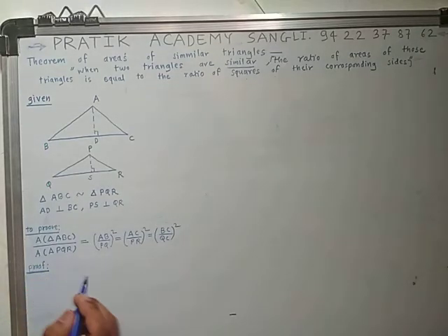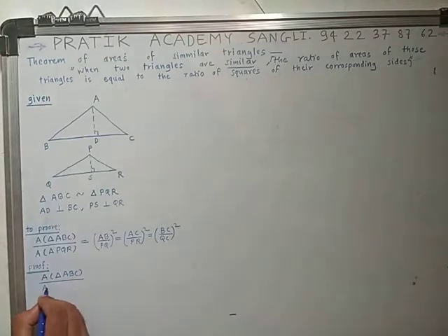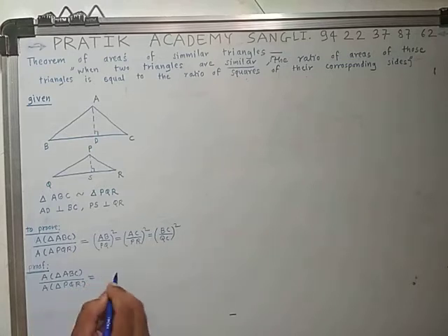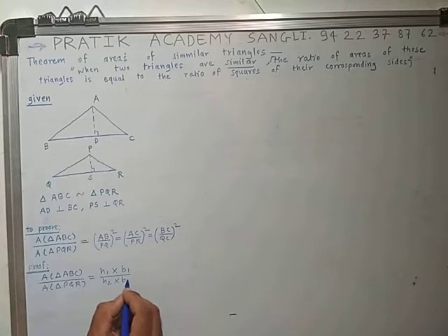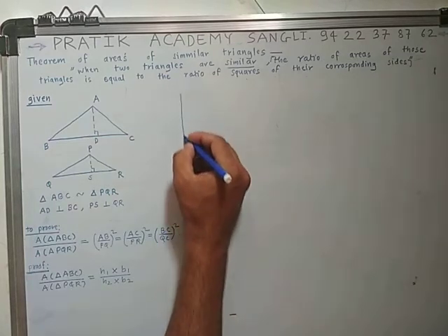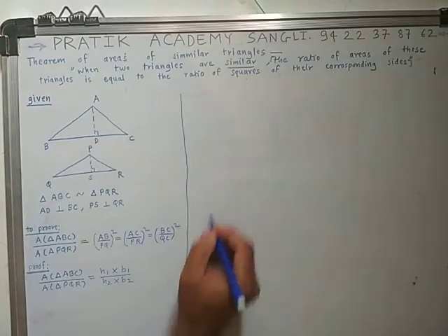We know that the ratio of areas of two triangles, area of triangle ABC to area of triangle PQR, is equal to the ratio of the product of height into base of the two triangles, that is H1 into B1 upon H2 into B2. Now what will happen here?